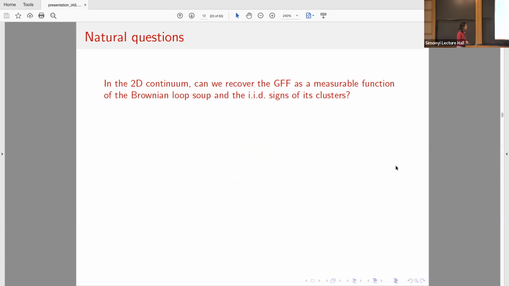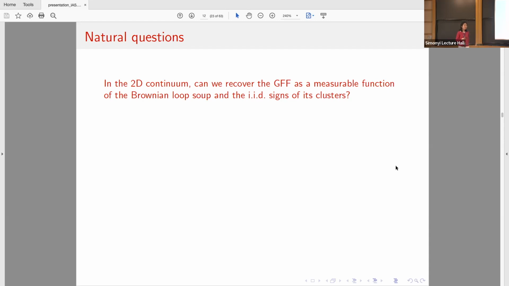However, this procedure cannot be carried out directly in the continuum dimension 2. One natural question is to ask whether we can also recover the Gaussian free field as a measurable function of the Brownian loop soup and i.i.d. signs in the two-dimensional continuum.